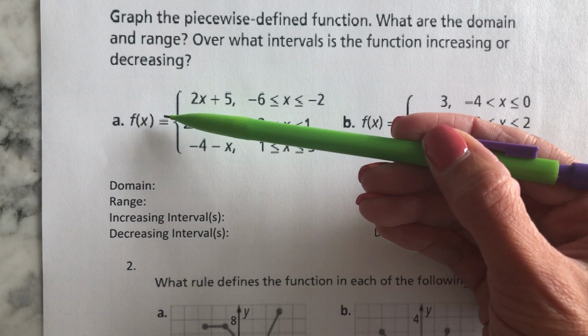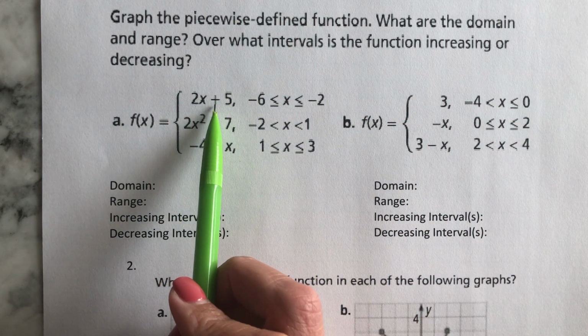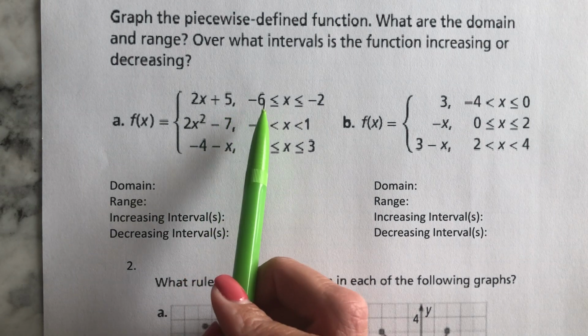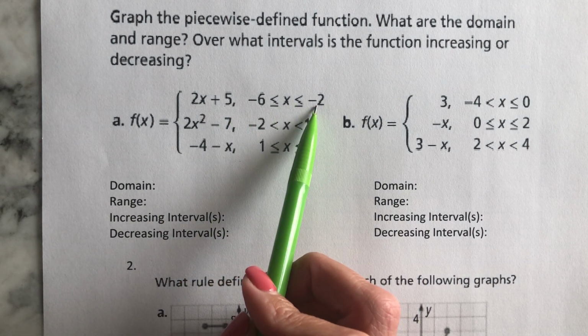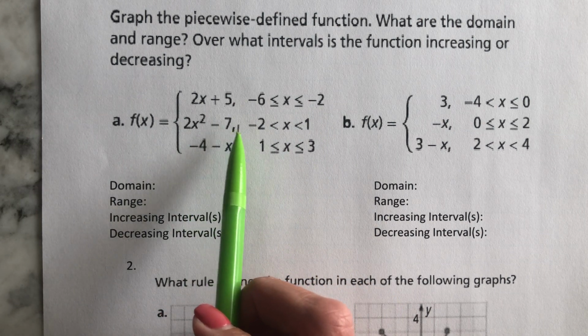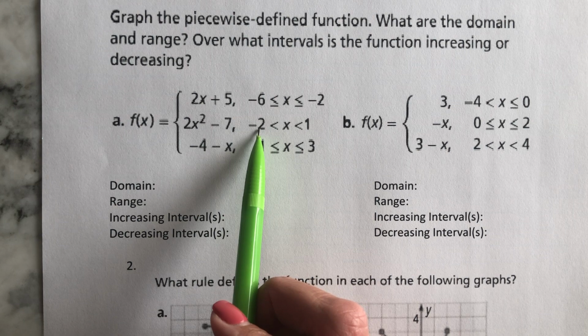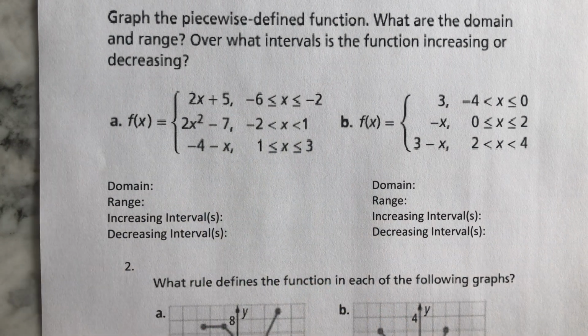So this function takes the form of 2x plus 5 when x is in between -6 and -2. And then it takes the form 2x squared minus 7 when x is in between -2 and 1, and then so on.